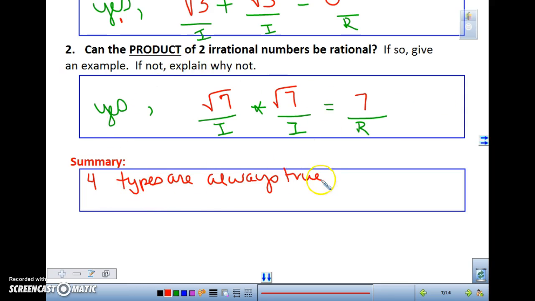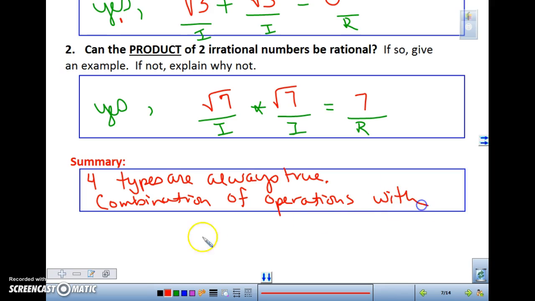So the 4 types are always true, but what we want to be thinking of is that the combination of operations with 2 irrationals is sometimes true.